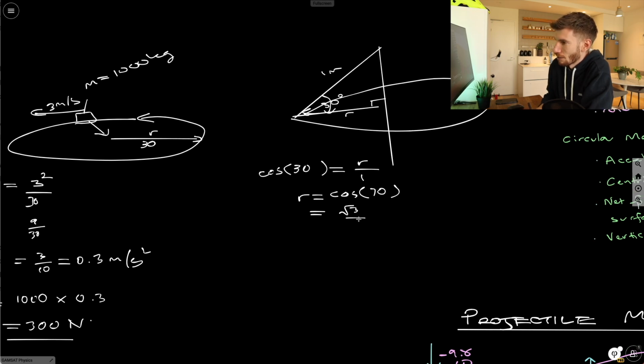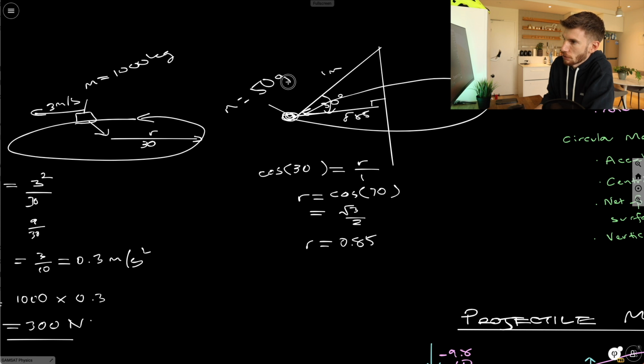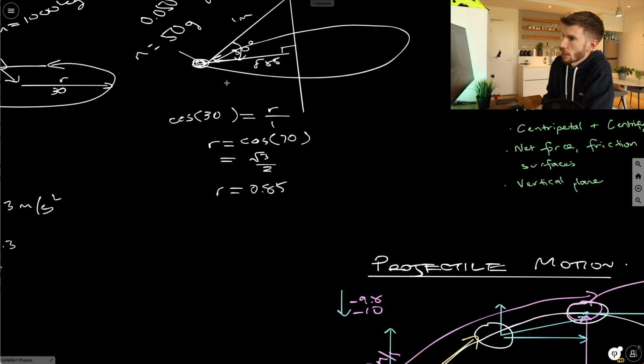So root 3 on 2, which should be around 1.7, so 0.85 or so. So we get 0.85, and then let's say the ball on the end has a mass of 50 grams. We want to put that into kilos, so 0.05 kilos, and let's say it's spinning with a velocity of 10 meters per second.